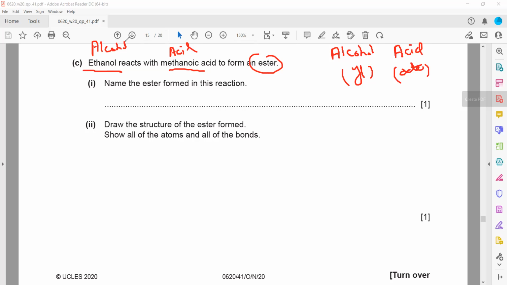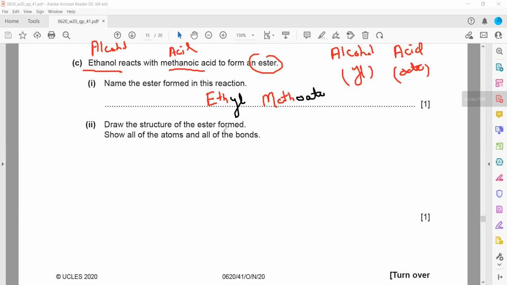Name the ester formed. The first name is from alcohol, ethanol, so it will be eth, and YL, ethyl. The second name is from carboxylic acid, methanoic acid, so it will be meth, and the part coming from carboxylic acid should have OATE, so it is ethyl methanoate. So the first name is always from alcohol and the second name is from carboxylic acid.